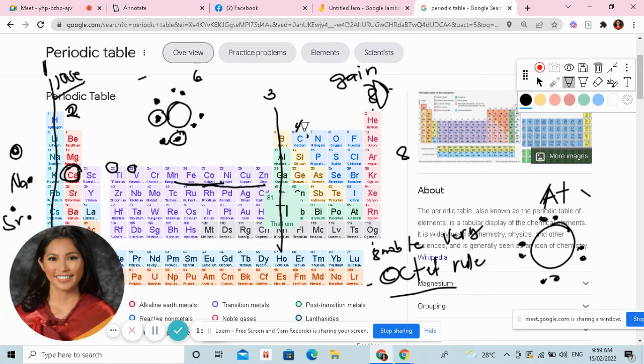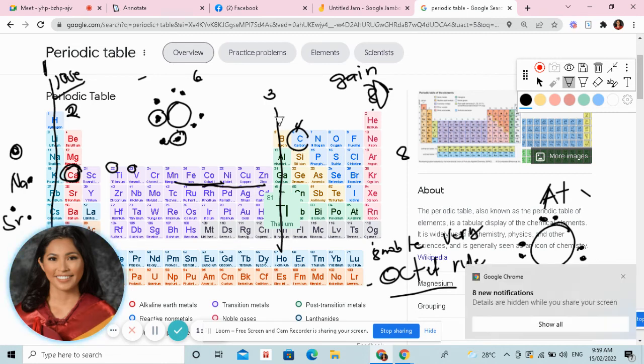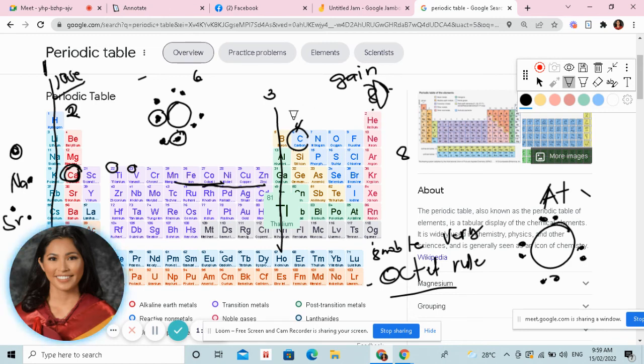But carbon prefers to gain because it is a non-metal. So, it will gain 4 electrons to become isoelectronic with neon.